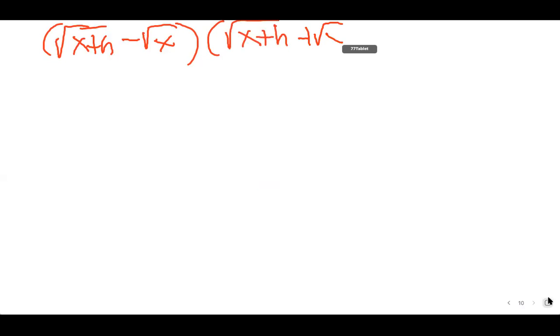I will put again the square root of x plus h minus the square root of x multiplied by square root of x plus h plus the square root of x.